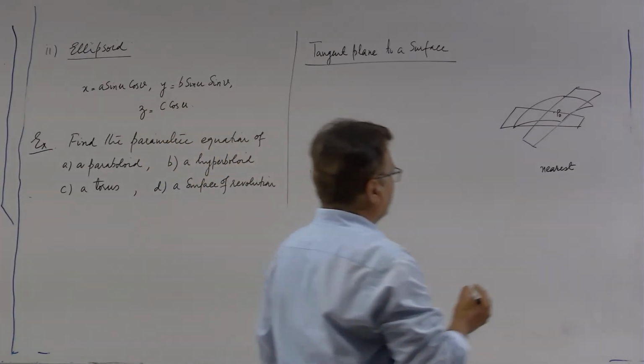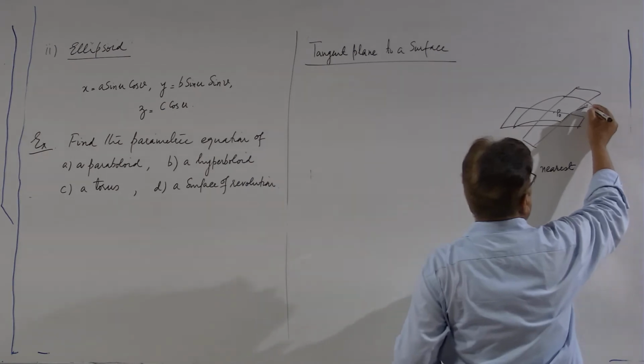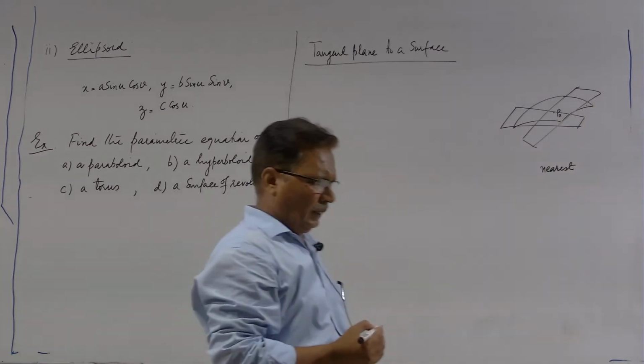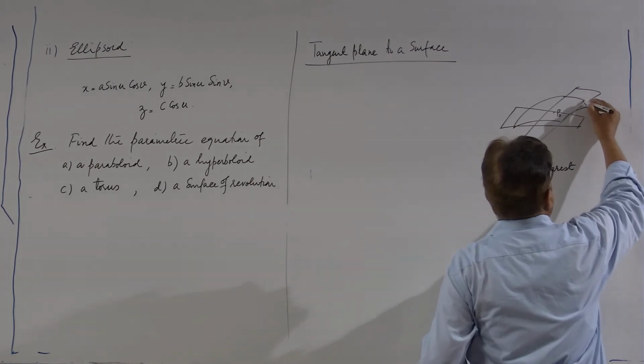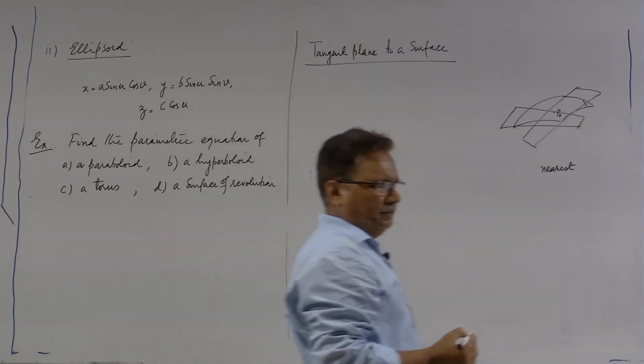This term is to be explained mathematically. In fact, what I will do, I will take a variable point in the surface and look at the distance of this point from the plane.